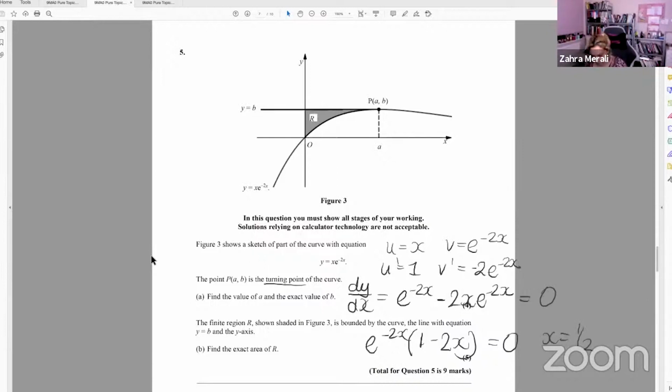Because e to the minus 2x is never going to be 0. And that must be our point A. So x equals a half. To find b, we've got to substitute it back in. So y equals a half times e to the minus 2 times a half.